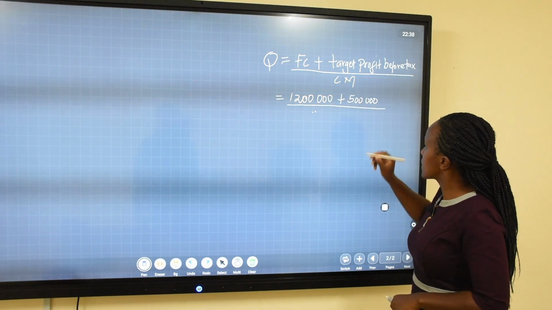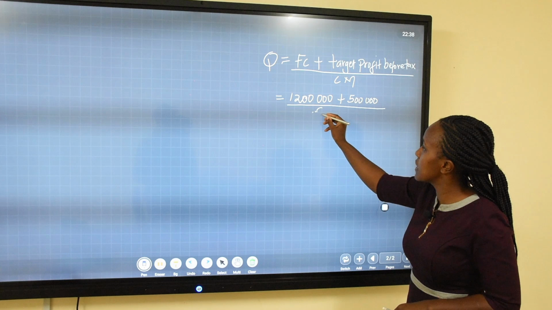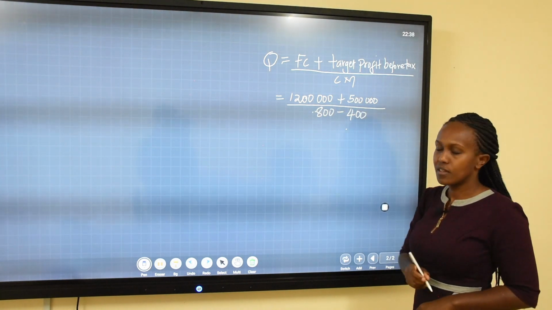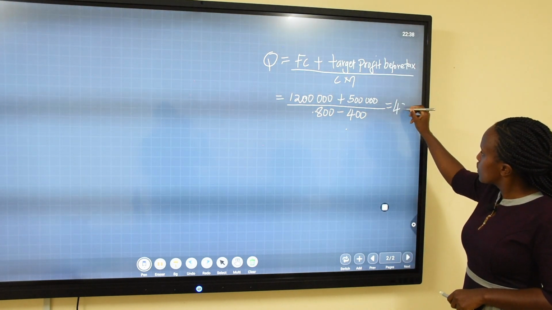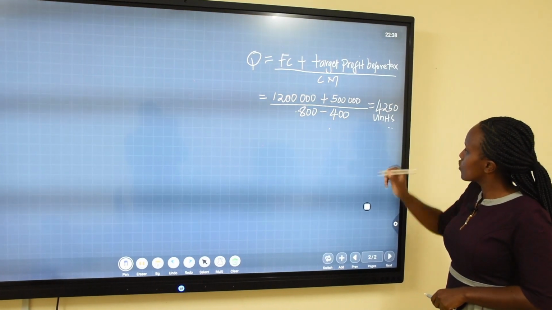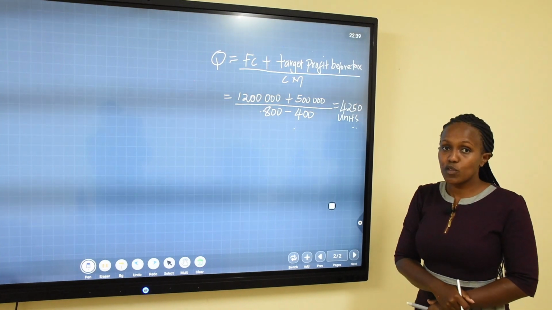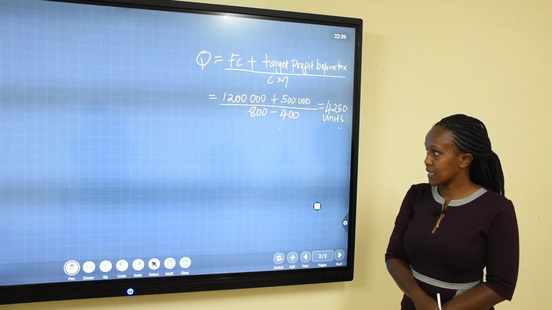Then all this over contribution margin. Remember, contribution margin is simply selling price per unit minus variable cost per unit. So this is going to give us 4250 units. Those are the number of units we need to produce to earn a target profit of 500,000 before tax.